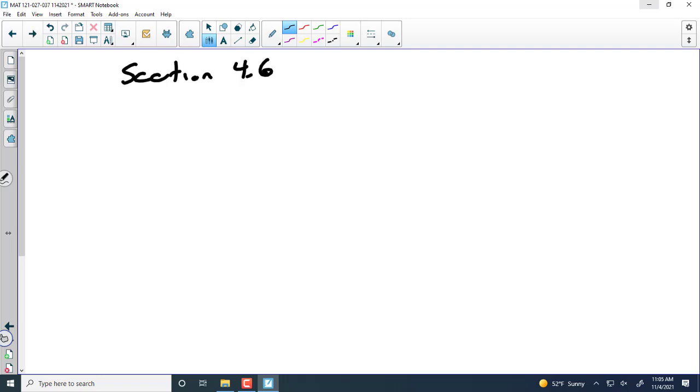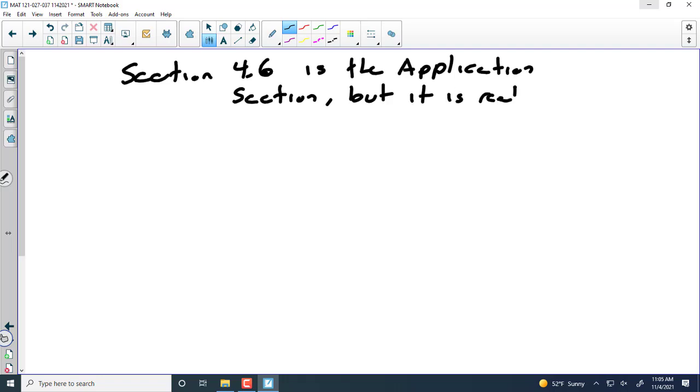Section 4.6 is the application section. But it is really all about one formula.